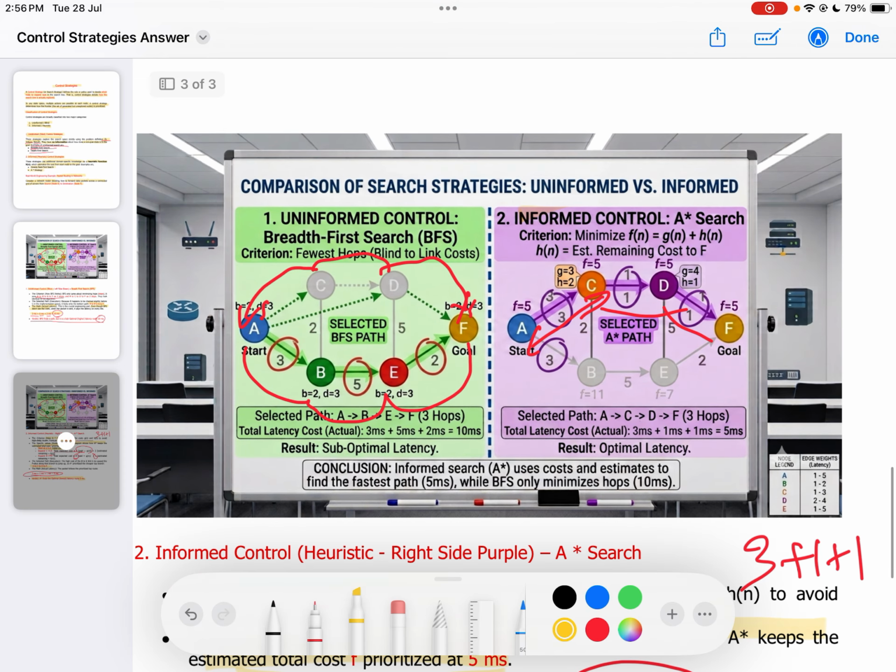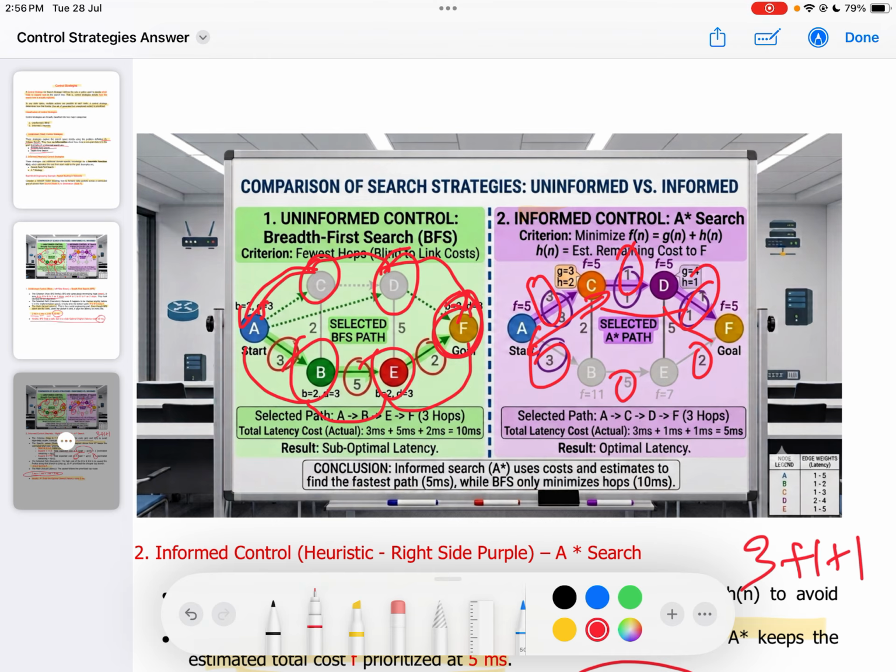Even though there are three hops B, E, F, and here also A to C, D, F, both are three hops, but the cost for each is different: 3, 5, and 2 here, and 3, 1, and 1 there. So it looks at the total cost and goes via the best possible and cheapest route.